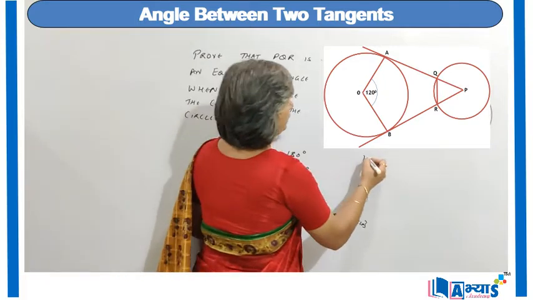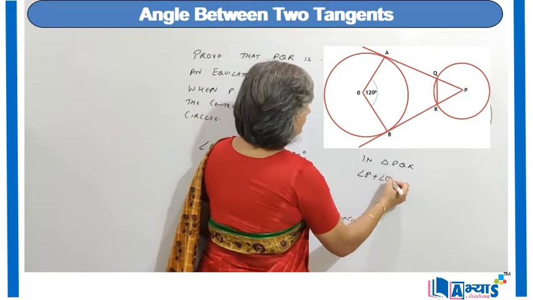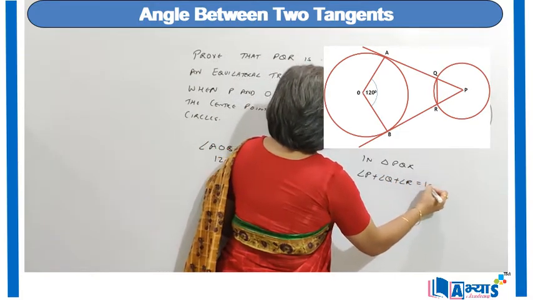Also in triangle PQR, from the angle sum property, we can say that angle P plus angle Q plus angle R is equal to 180 degrees.